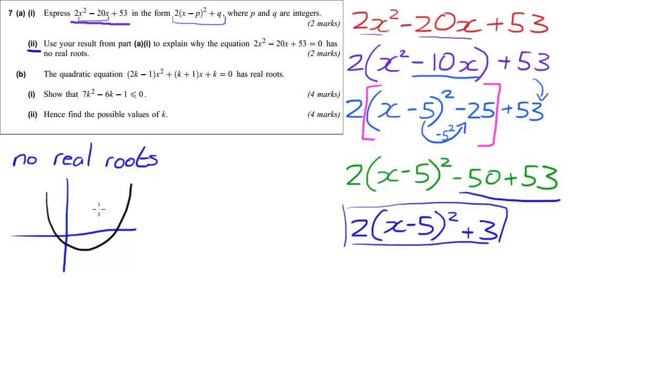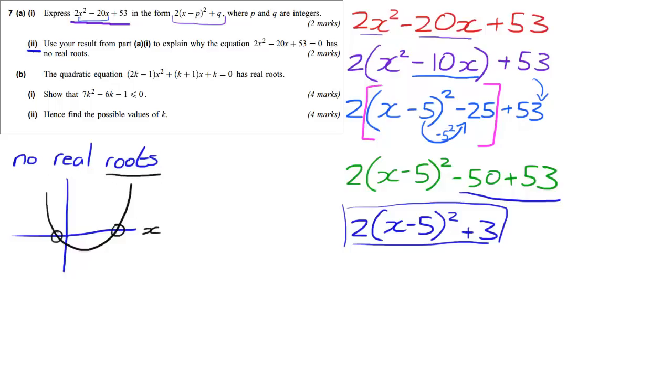This is just some random x squared function. So this will have 2 points of intersection, there's one and there's another. That's points of intersection with the x-axis. So these are our roots. These are what are classified as real roots.